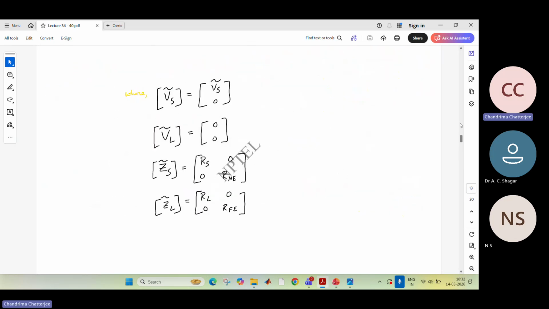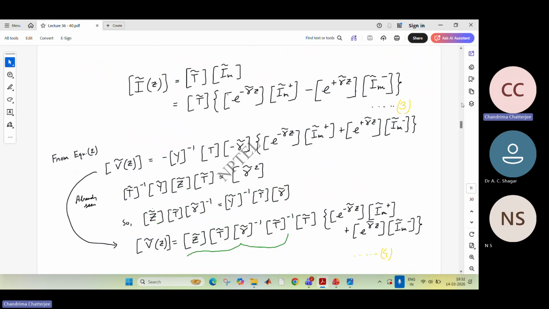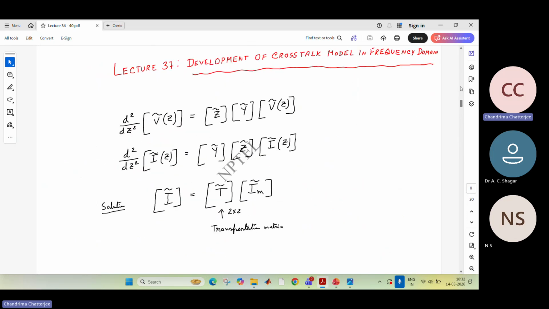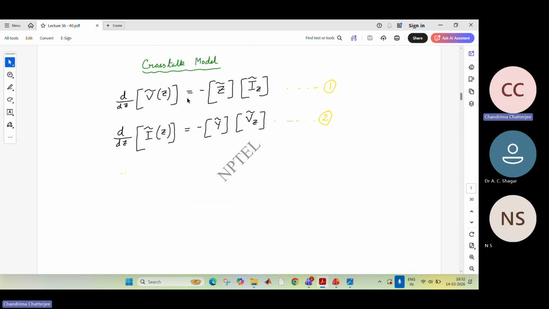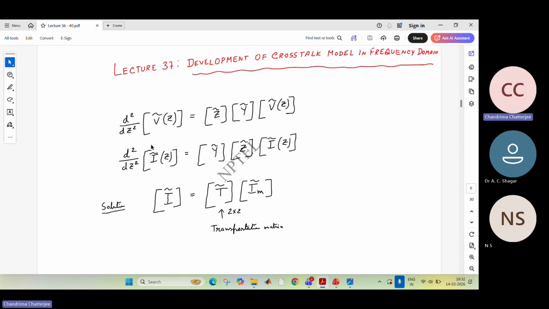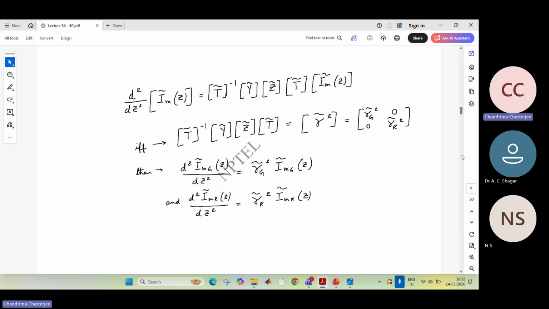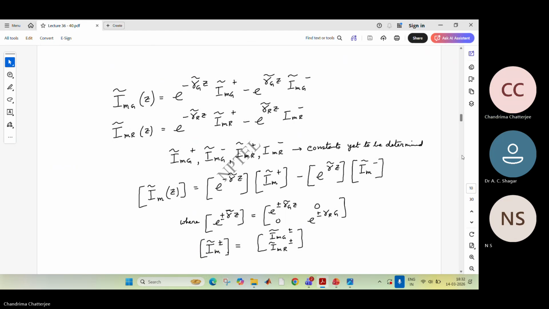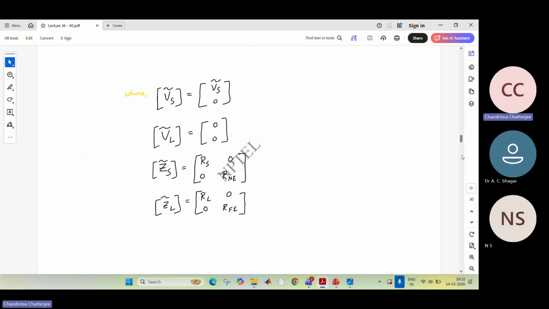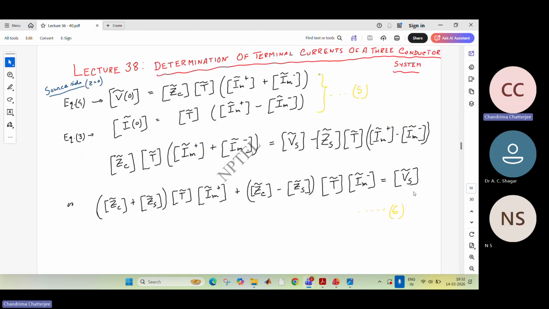And after multiple matrix manipulations, it starts with these simple equations, and after further matrix manipulations, all these equations are defined. You can check it in the lecture slides, you will get all the derivations.